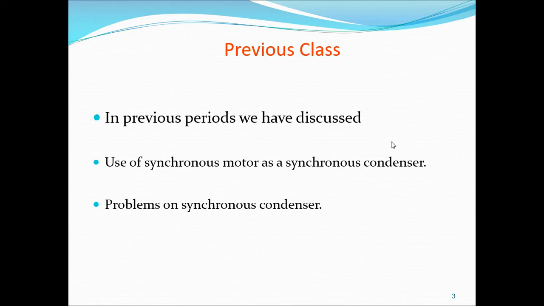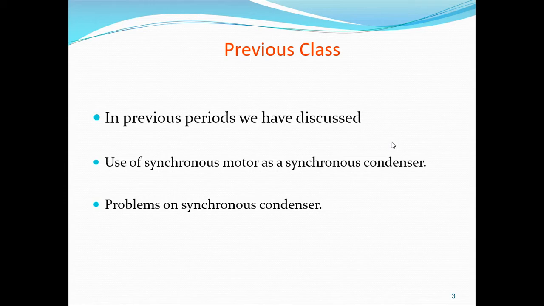The curve drawn between armature current and excitation is in the form of the alphabet V. That's why it is called V curve. For that, first we have to keep the load constant at a particular value.